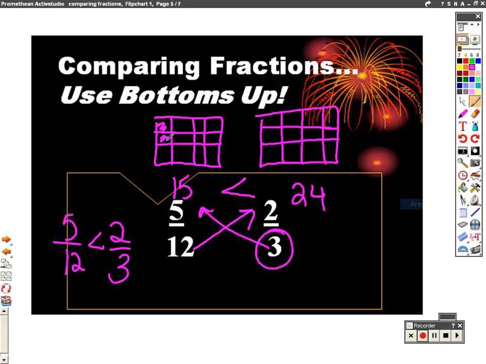So 1, 2, 3, 4, 5. This says 2 out of every 3 slices. 1, 2, don't eat that one. 1, 2, don't eat that one. Well, this is 5 versus 8. 8 slices is better than 5. Therefore, 2/3 is bigger than 5/12.